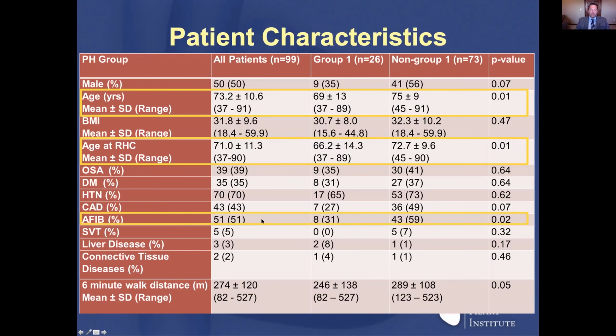Atrial fibrillation occurred in 50% of the population, but tended to occur more commonly in the non-group 1 PH.